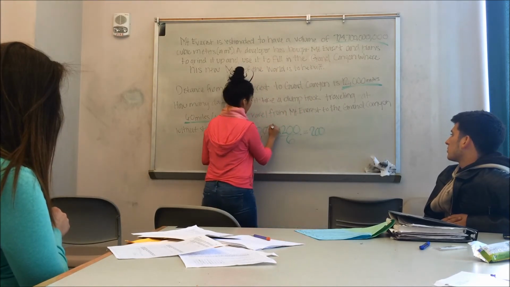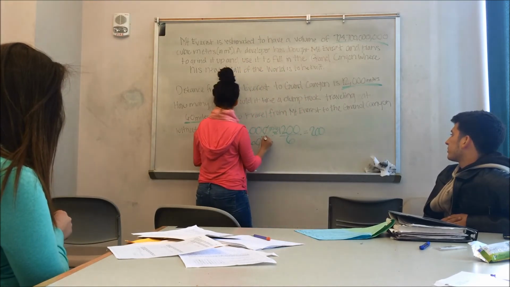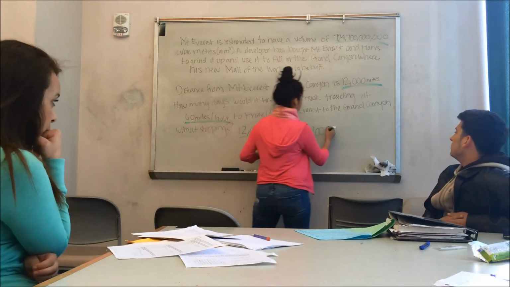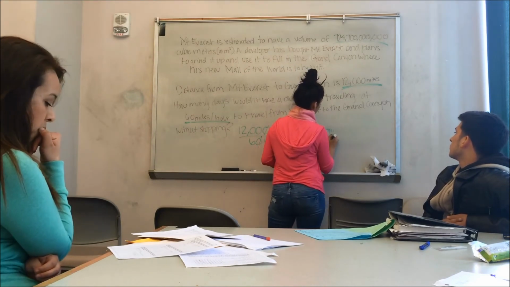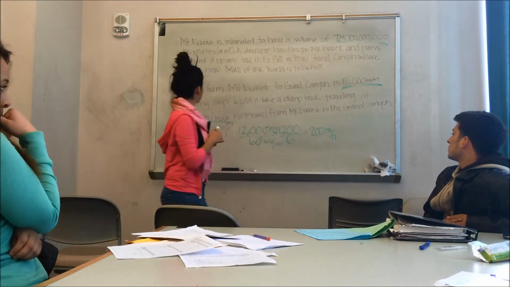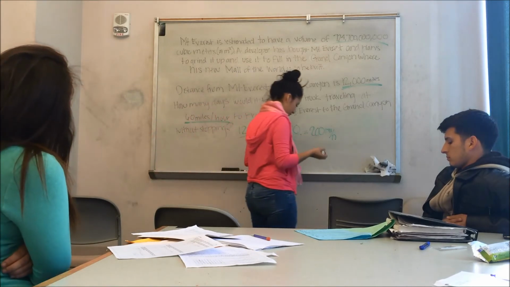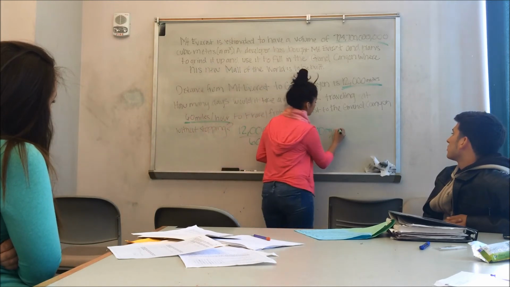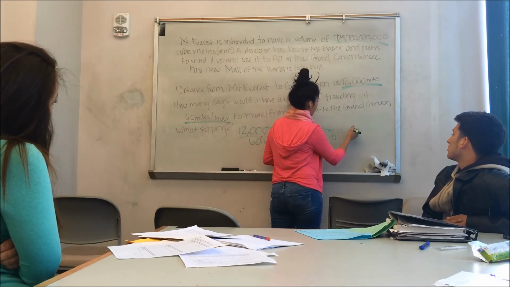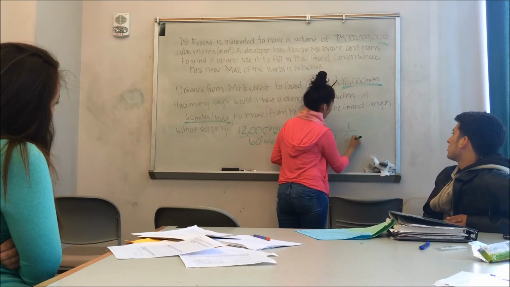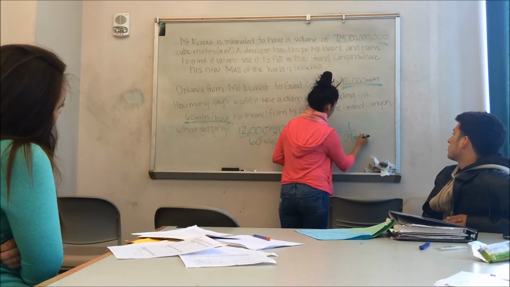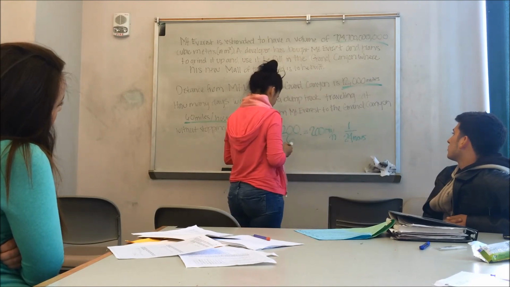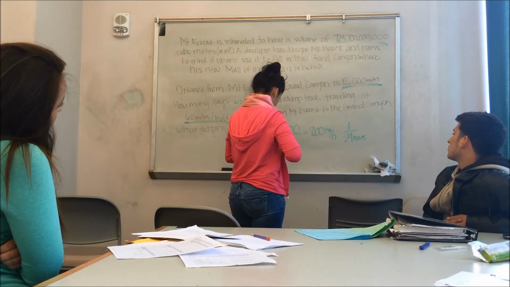And this one is miles. This one is miles per hour. So right here you would get miles per hour, and we have to convert it into days. So in one day, there's 24 hours.